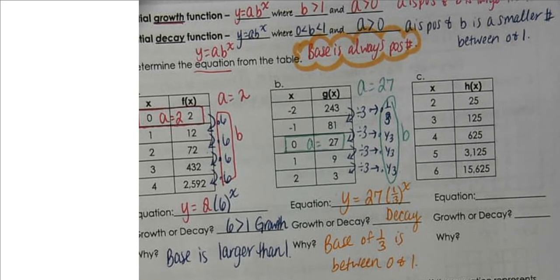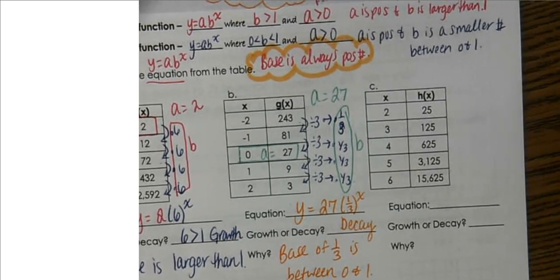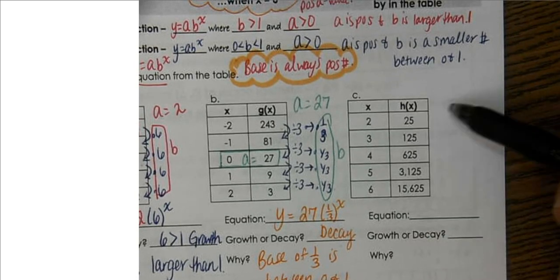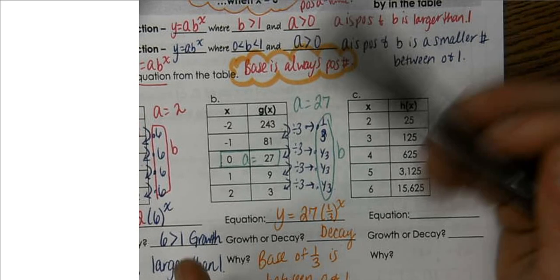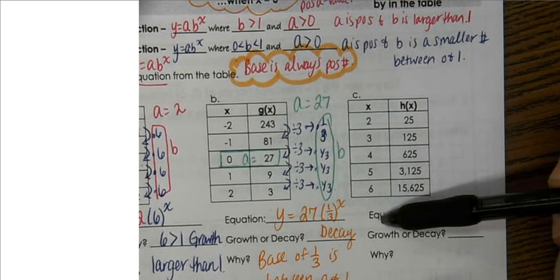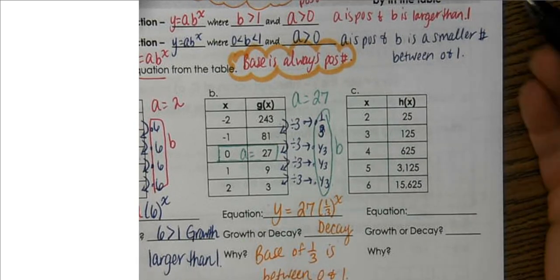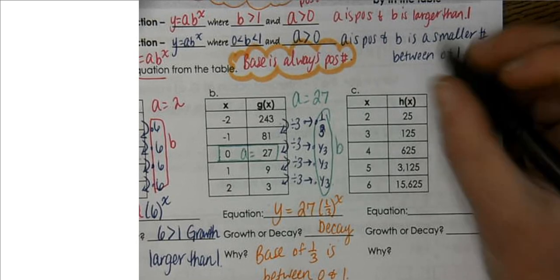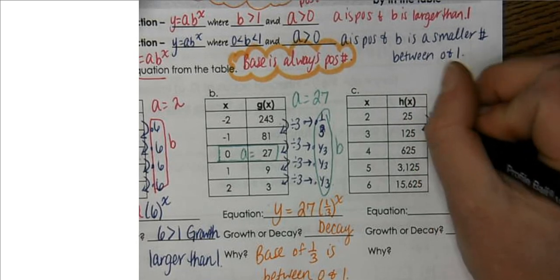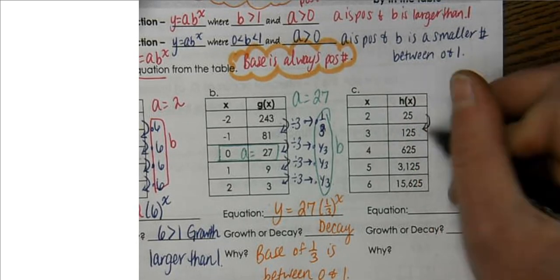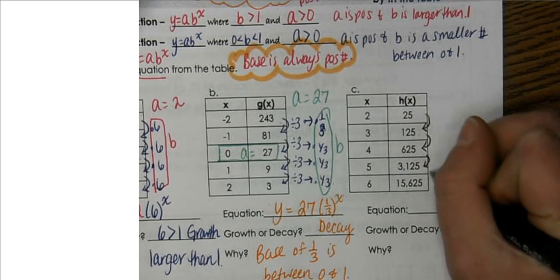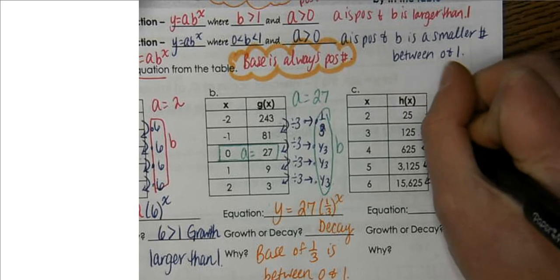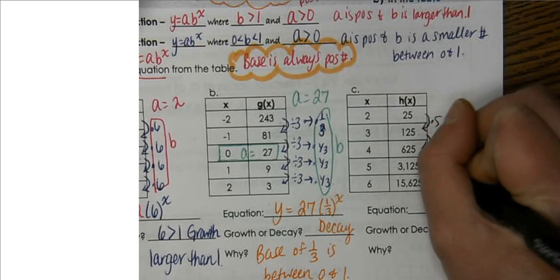Letter C is a little bit different because unlike the other two tables, where I can quickly identify what my a value is, this time I don't have a 0. So instead, I need to hop into what our multiplier is. Going from 25 to 125 and 125 to 625, it appears that we are multiplying by 5 each time to get to the next number.